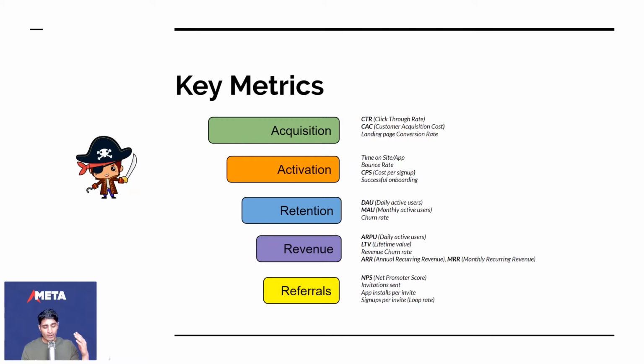So if you're talking about a customer relationship management tool, you might think a successful onboarding would just be a sign up, but it's not, right? For some companies, especially bigger companies like Salesforce, their successful onboarding metric might be somebody who comes in and at least uses the platform for a week. It could be somebody who comes in and goes through the tutorial. Maybe you have a tutorial video, and if you finish watching the tutorial video, that's a successful onboarding.